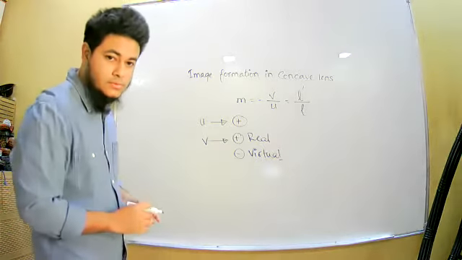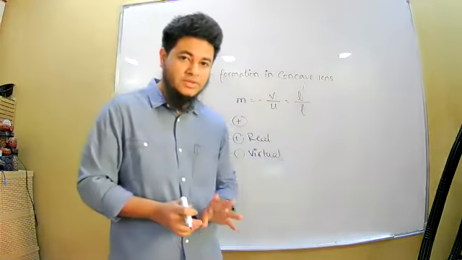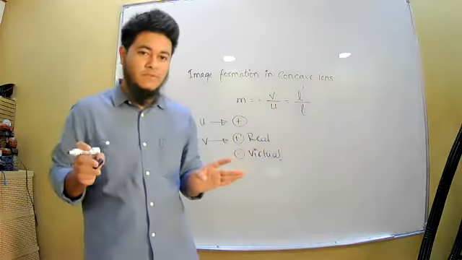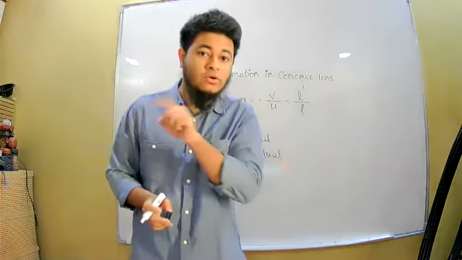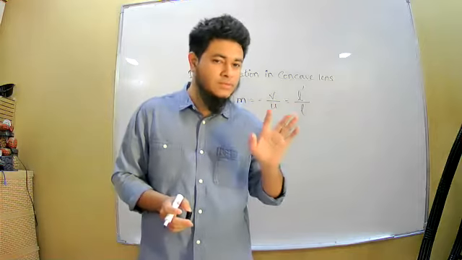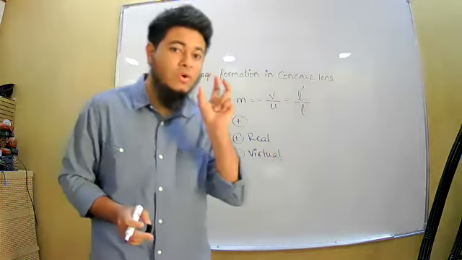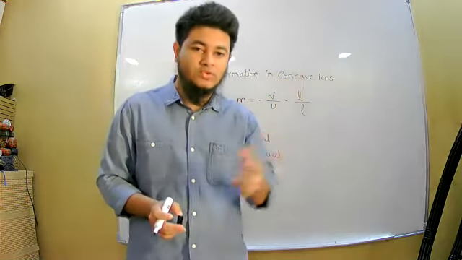Understood? So whenever you are listing the given information, you must be careful. In the question, plus or minus will not be given. They will only tell you that the distance of the image from the concave lens is 5 centimeter. You have to understand that in a concave lens we always get a virtual image.